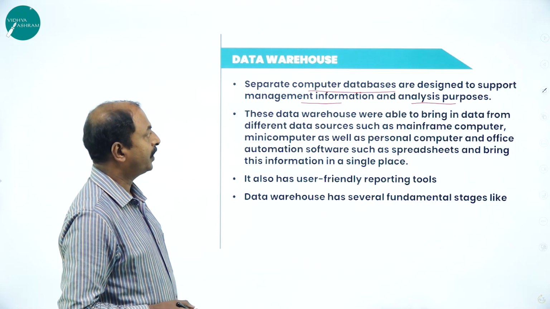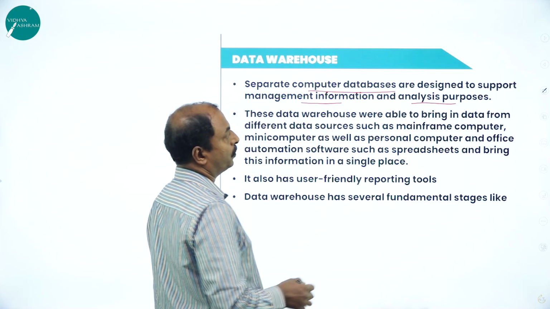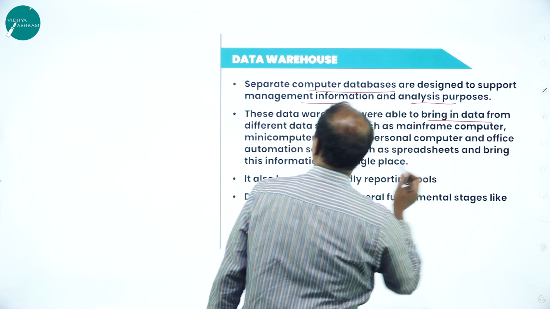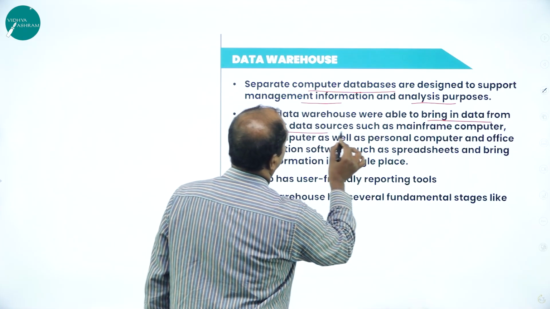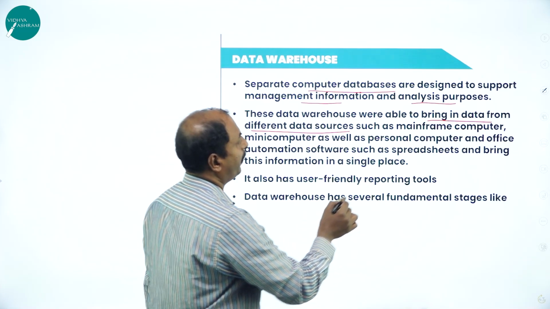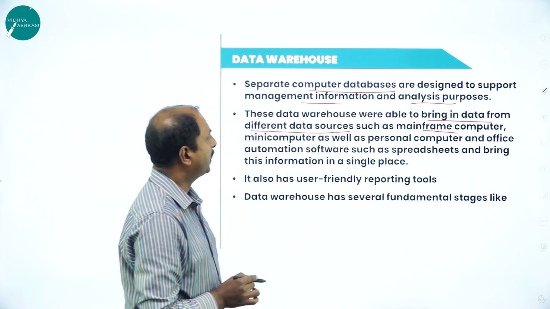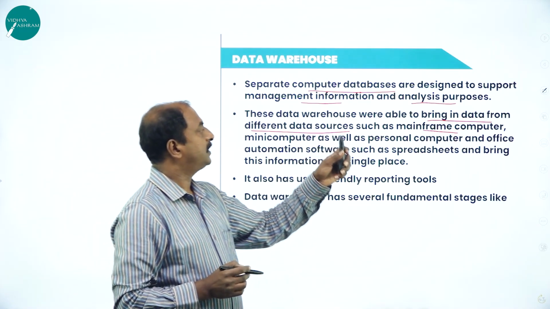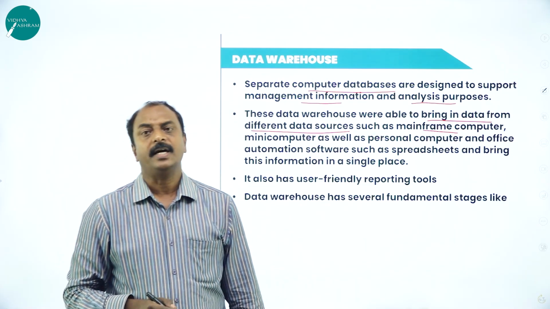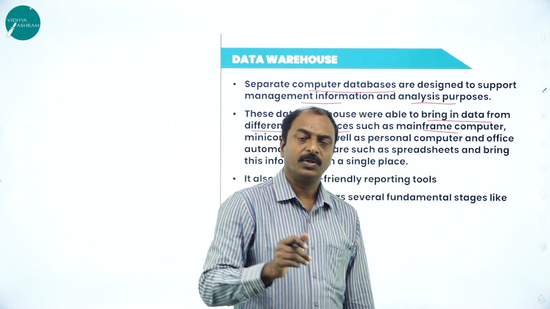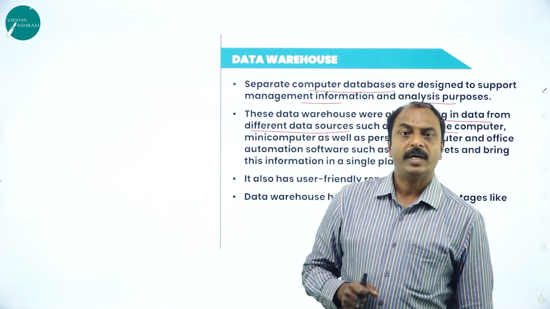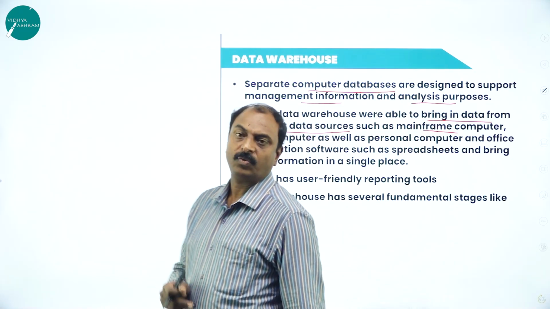And these data warehouses were able to bring data from different data sources such as mainframe computers and different types of computers. So, as I said, a data warehouse is a collection of data. So, we have to get the data at one location, one place.